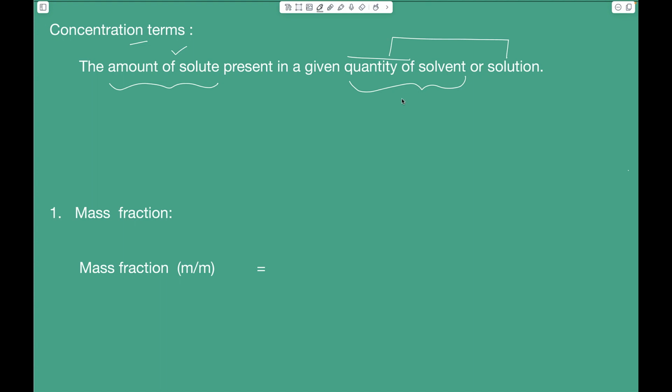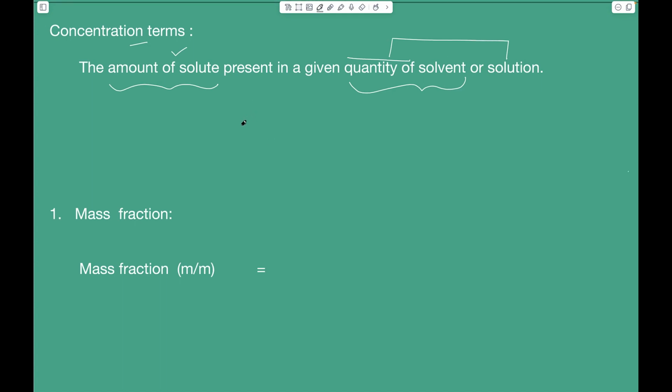In some concentration terms, the concentration of a solution is expressed with reference to the quantity of solvent, and in many concentration terms, the concentration of the solution is expressed with respect to the quantity of the solution. This is going to be a little confusing, so you have to pay careful attention to these differences.